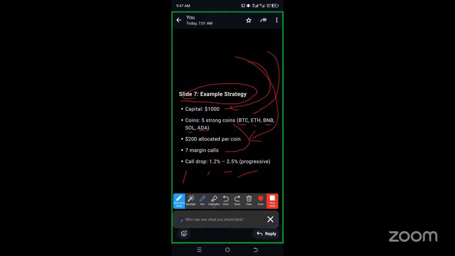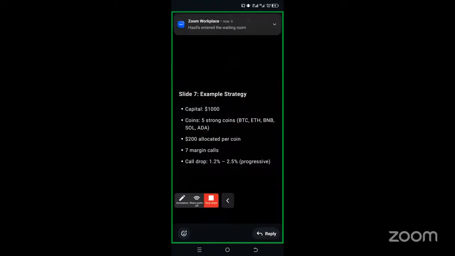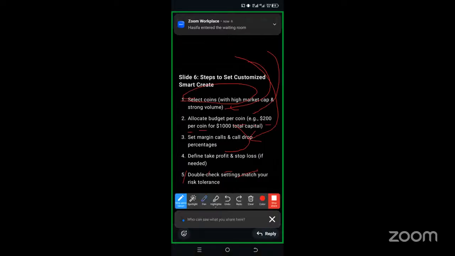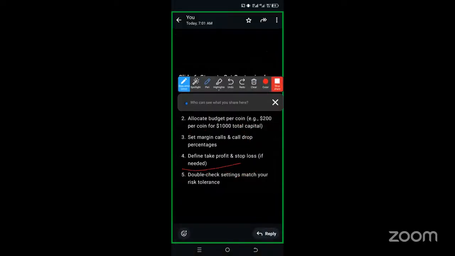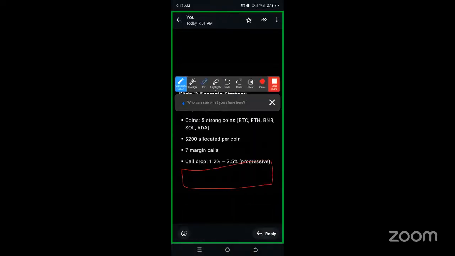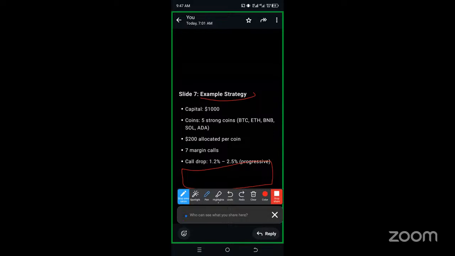But this is an example. It is not guaranteed. According to the plan, according to the previous slide, double check that settings match your risk tolerance, then you can make a decision of what to do. This is an example strategy. It is not a fixed idea.